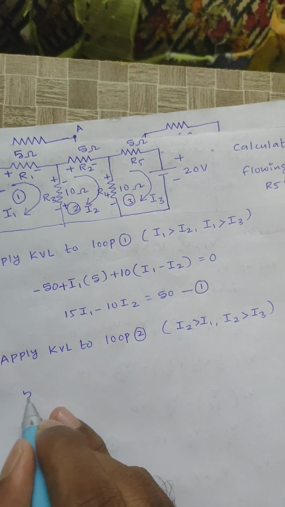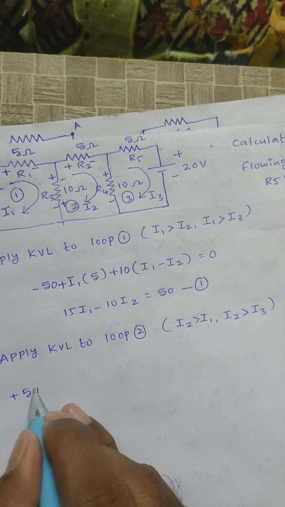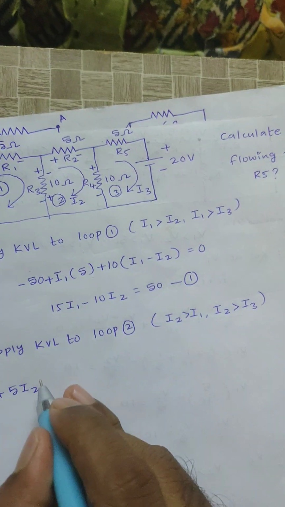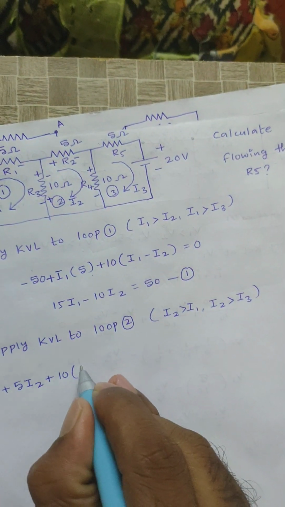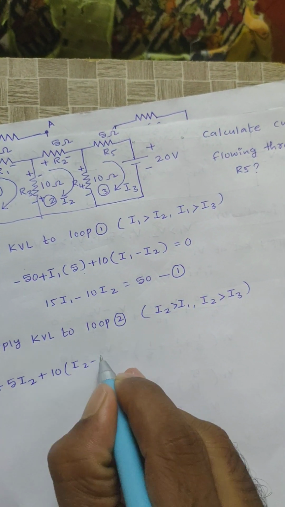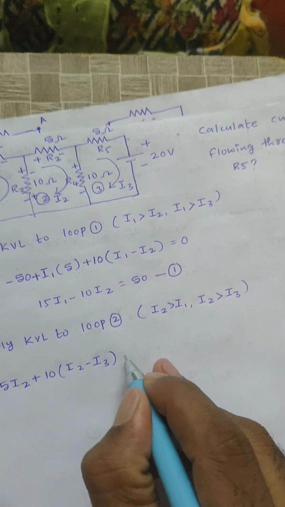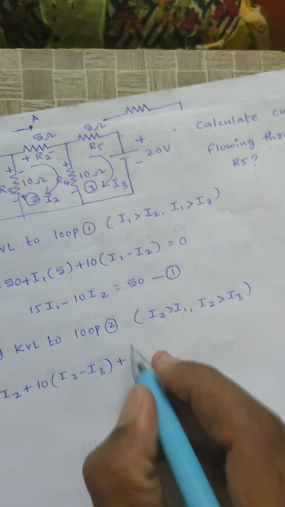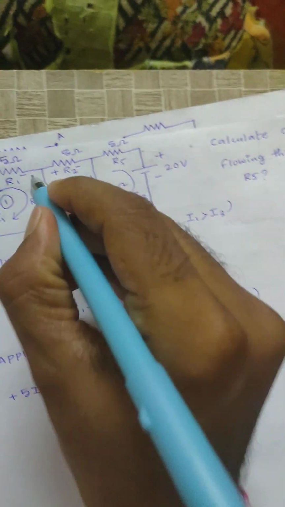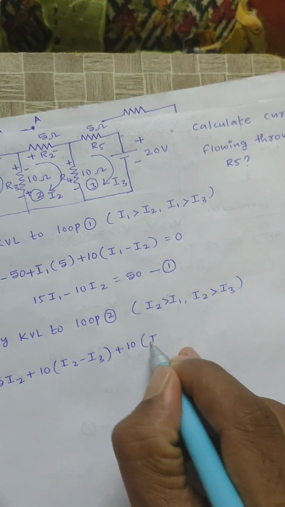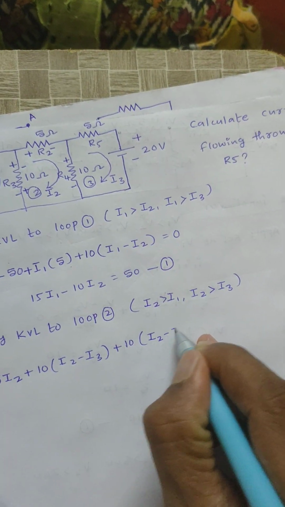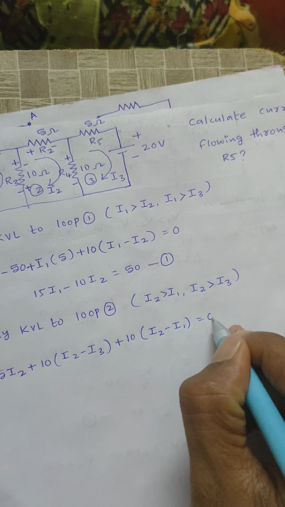That is plus 5 into I2, again plus 10 into I2 minus I3, plus 10 into, it is connected between loop 1 and loop 2, I2 minus I1, equals 0.